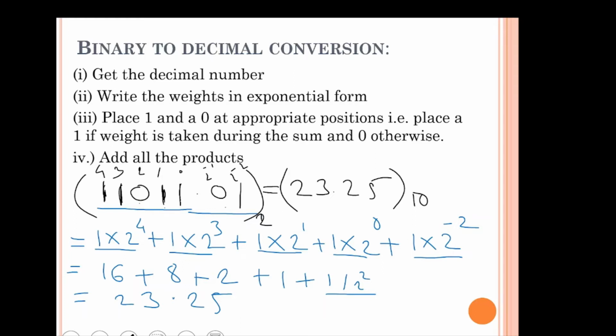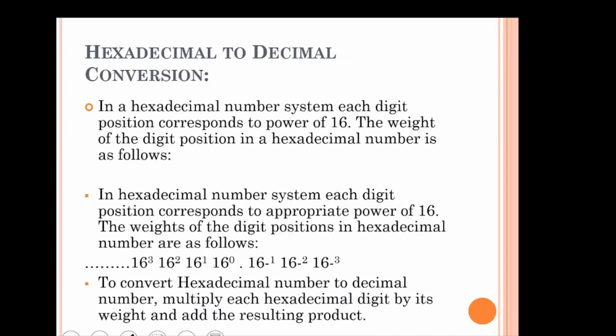Now the same method is followed if you have to convert a given hexadecimal number into decimal. The only difference is that here the positional weights are in terms of powers of 16 because the base of the hexadecimal number system is 16.